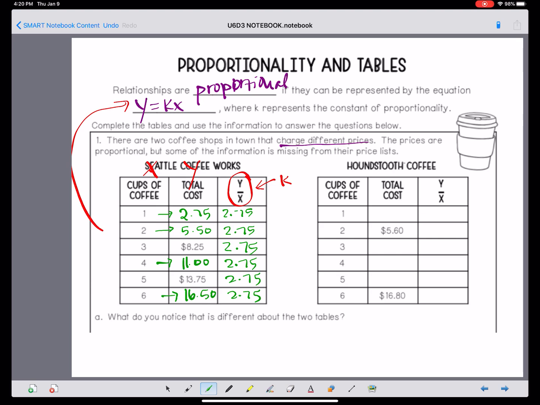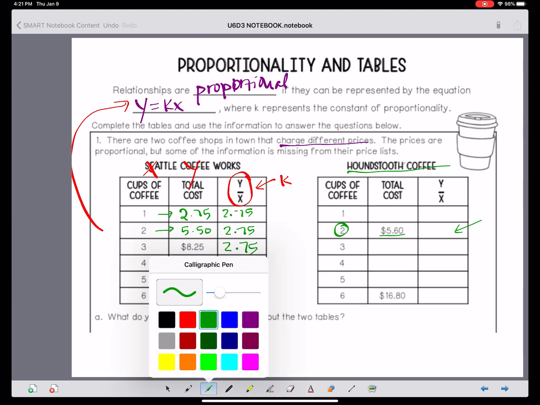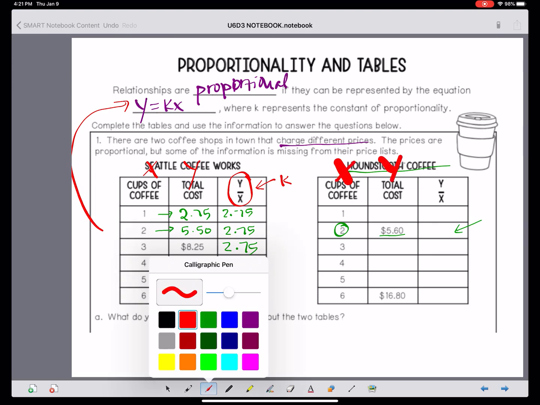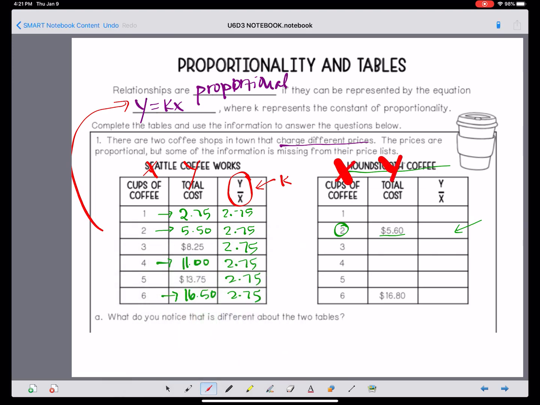On the second type of coffee, Houndstooth Coffee, it looks like they give us 2 cups of coffee and it costs $5.60. So in order to find out our constant right there, we're going to have to do, let me write this in a different color. There's our x value, there's our y value. We need to do the y value, which is $5.60, divided by the x value.